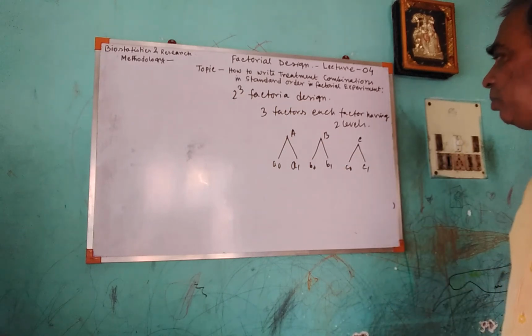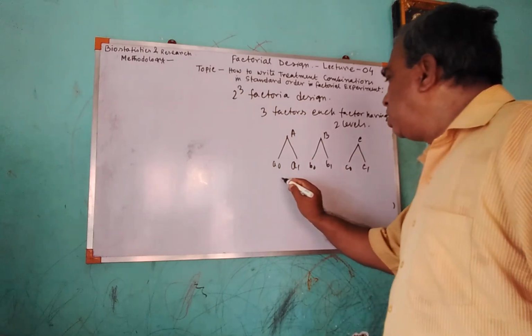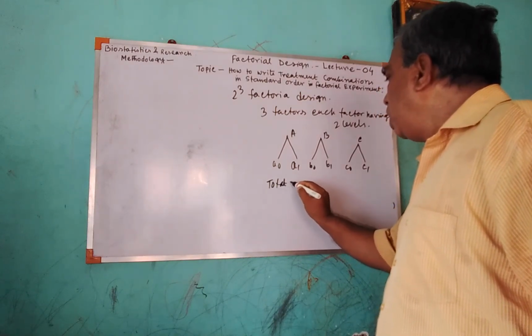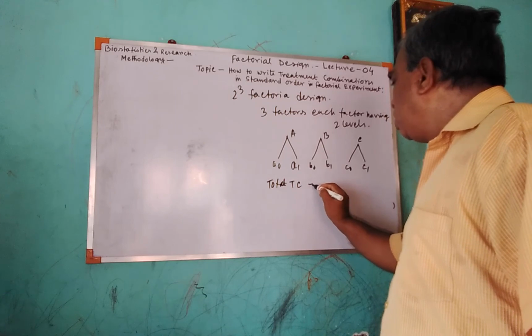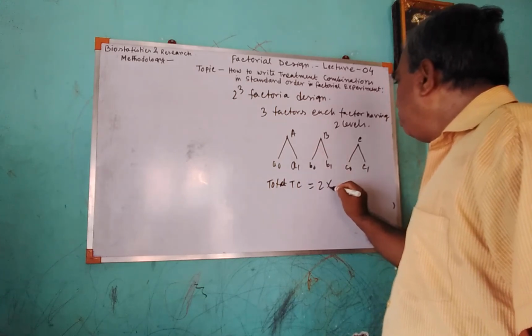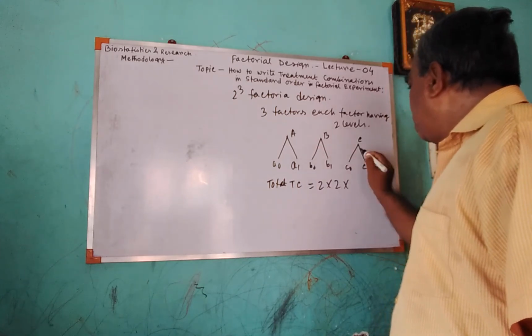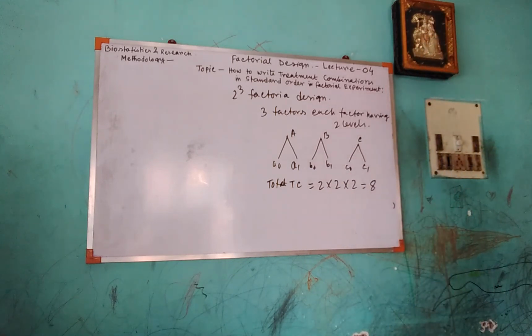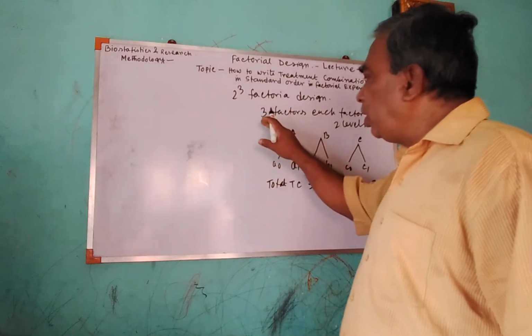Now how many treatment combinations? The total number of treatment combinations, TC, equals 2 levels for A, 2 levels for B, 2 levels for C, which comes to 8. There are 8 treatment combinations in 2q factorial design.